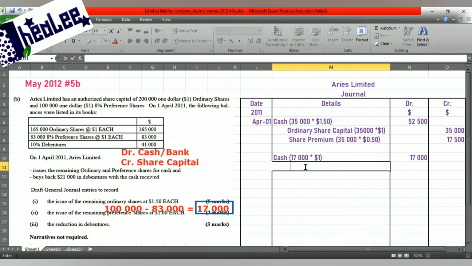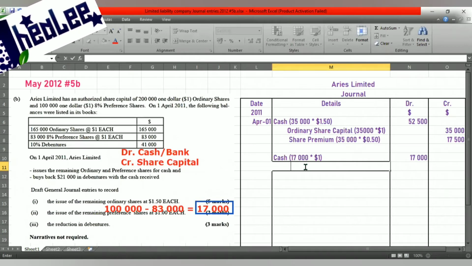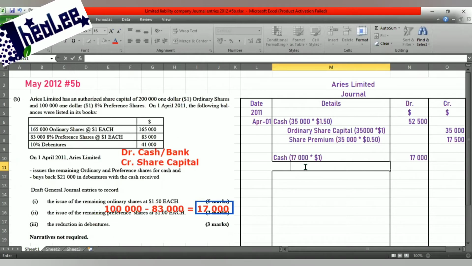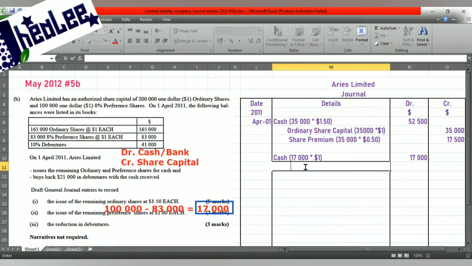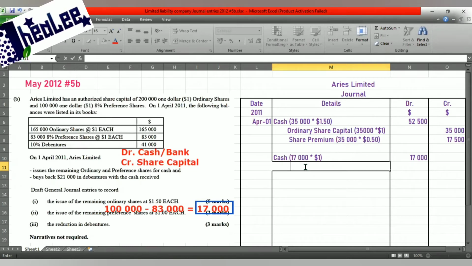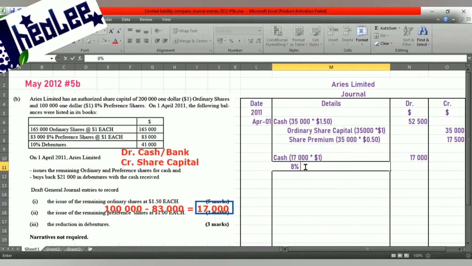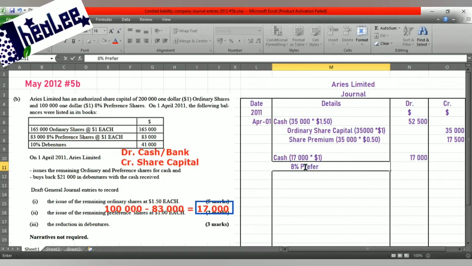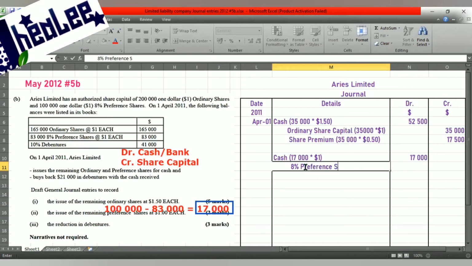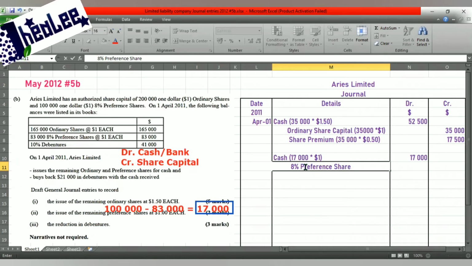Now that we have that, let us do our calculation to determine the amount of preference share capital that we have generated from that sale. And it is 8% preference share capital.